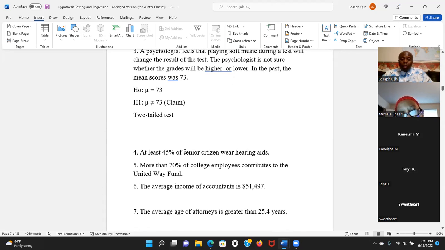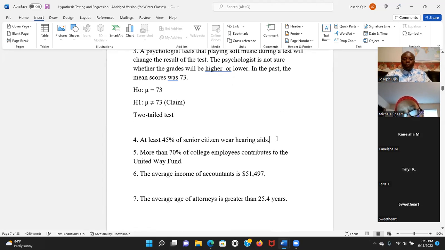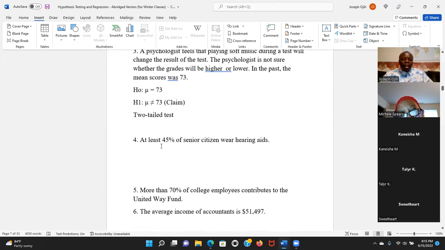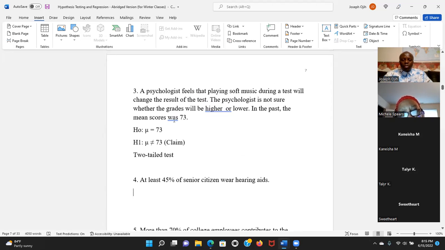Now, we are not going to do a proportion test, but I'm going to show you how to state the hypothesis for proportion. Like it says, at least 45% of senior citizens wear hearing aids. Remember, the earlier ones were averages: mean score, mean number.